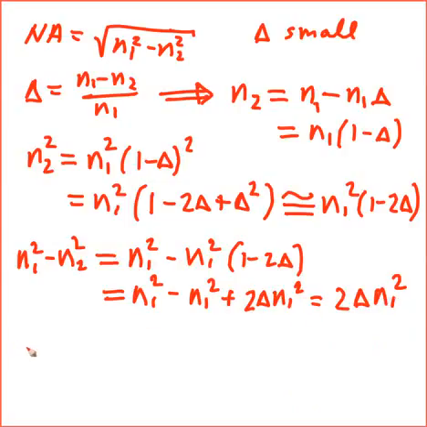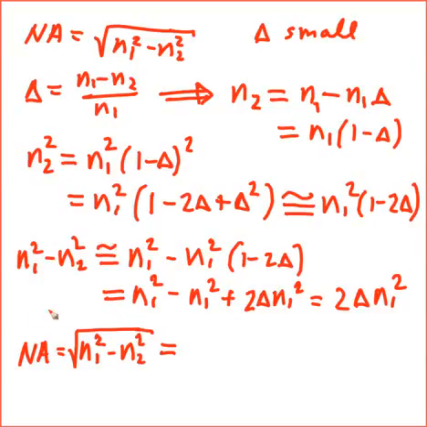And so the numerical aperture is the square root of n1 squared minus n2 squared, and this is an approximation right here, approximately equal to the square root of 2 delta n1 squared.